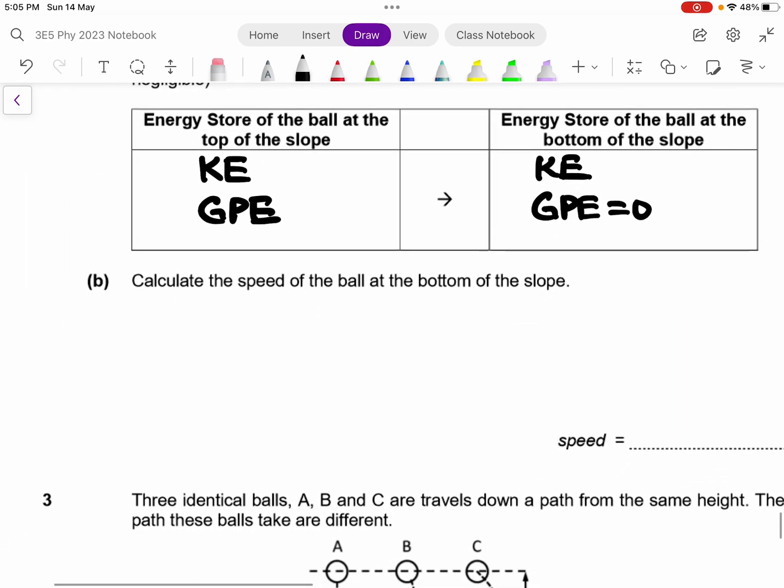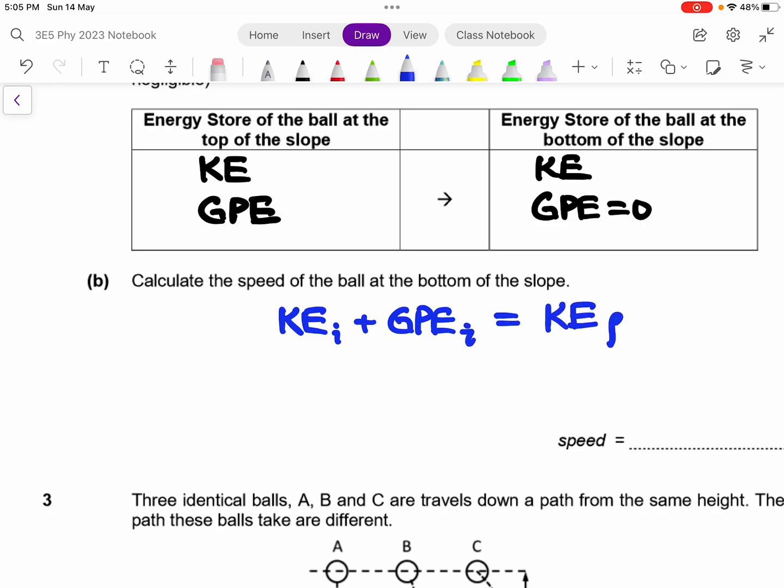So when you apply the principle of conservation of energy, initial state equals to final state, you will have KE at the initial state plus the GPE at the initial state equal to the KE at the final state. So again, as you expand each of the terms, remember top down, please stop writing things like this: KE_i equals to da da da da da, GPE_i equals to da da da da da.